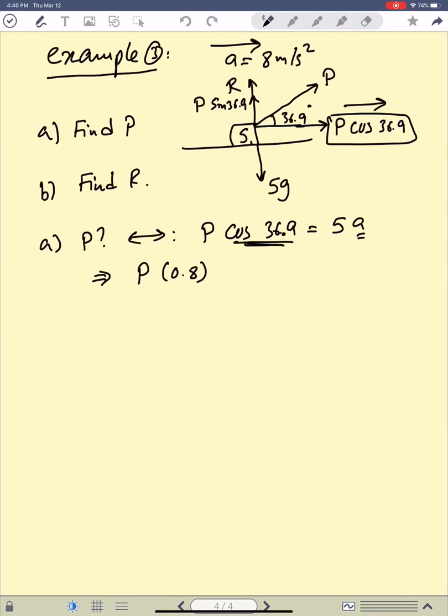Calculate with me if you have calculators, or when you watch, don't just do it mentally, make sure that you are finding these answers. So P is equal to 40 divided by 0.8, which gives you 50 newtons.